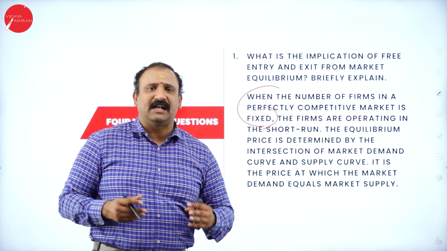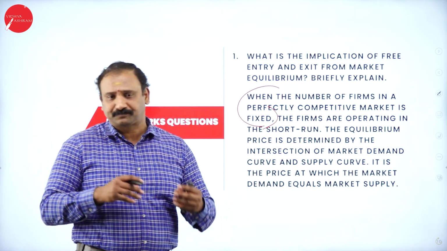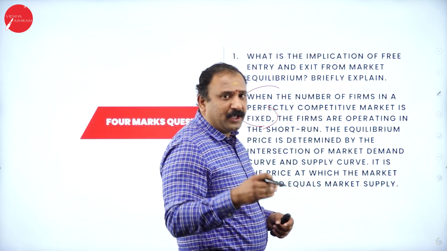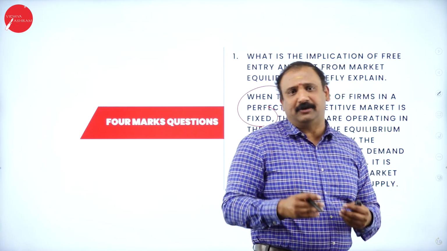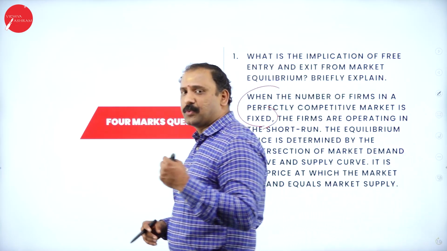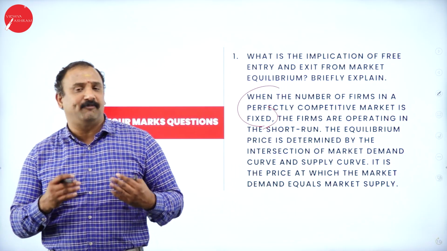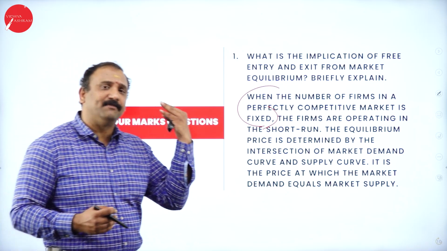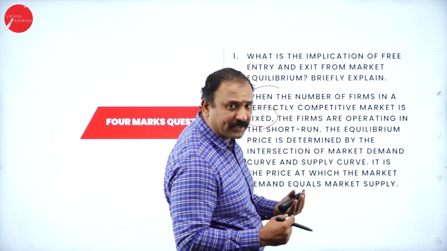Now, what are we trying to see here as a factor of free entry and free exit? The moment a company decides that it wants to enter a market under perfect market theory, it is quite easy. Why? Because it just finds an entry into the market, believing that there are some buyers available for its product.